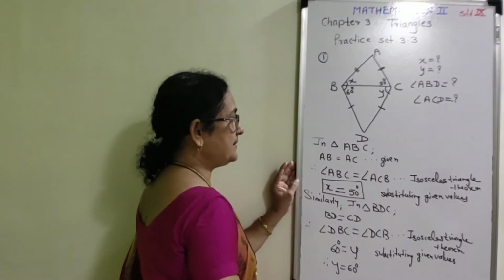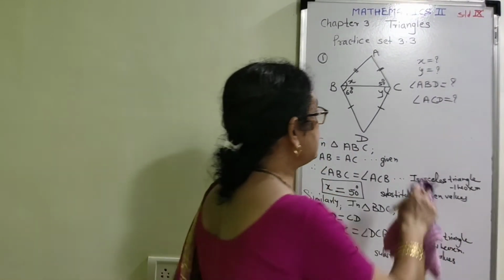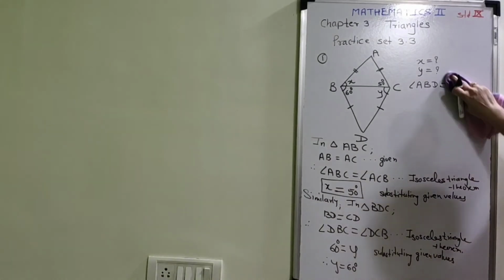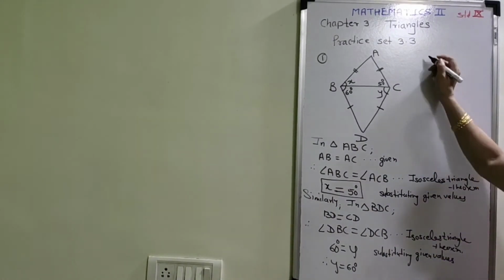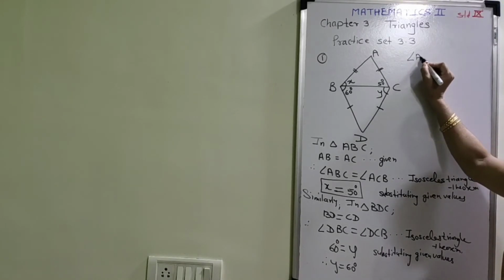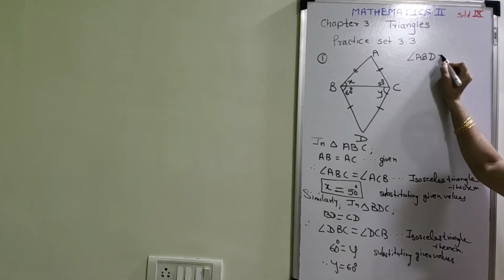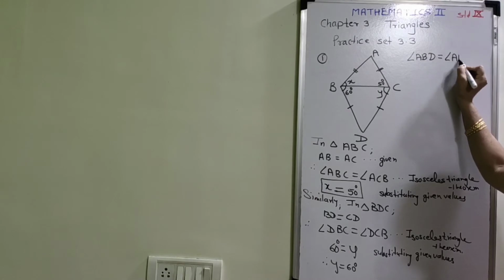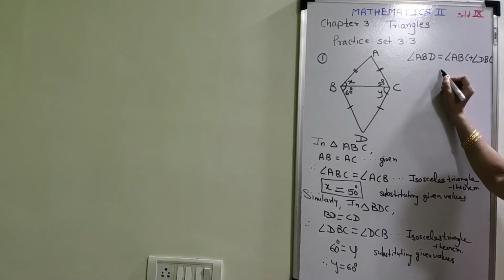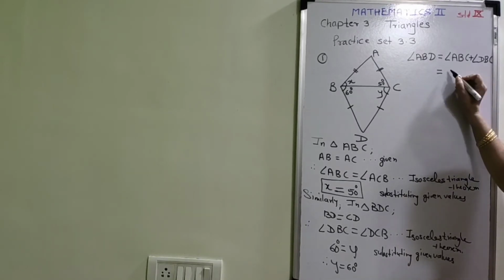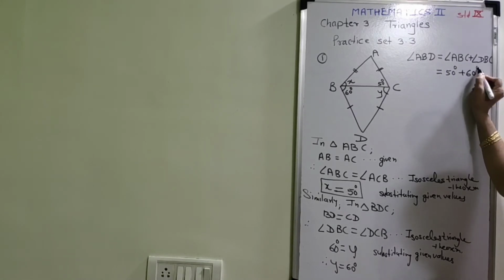Now, last step, measure of both the angles. Now observe the figure in the book. First of all, you are going to find out the measure of angle ABD. Angle ABD is equal to angle ABC plus angle DBC, which is equal to ABC having measure 50 degrees and this is 60 degrees.